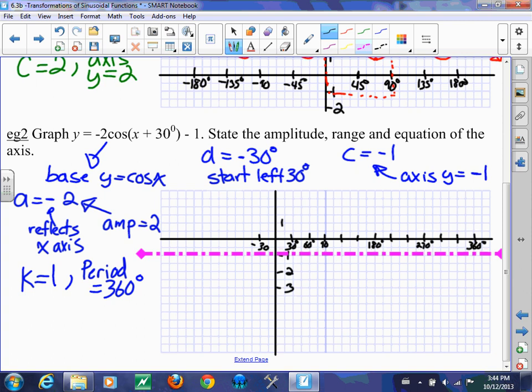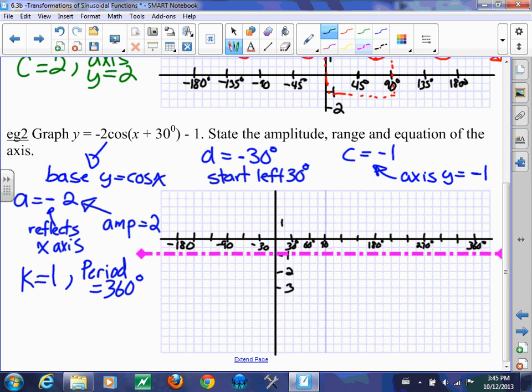We can keep working backwards if we wanted to, but we can just plug them on here. That's negative 90. That's negative 180.